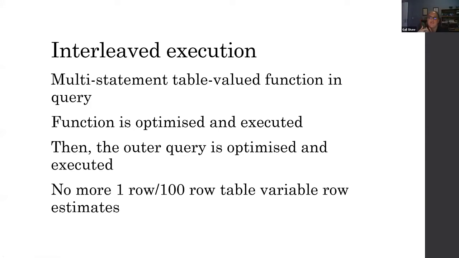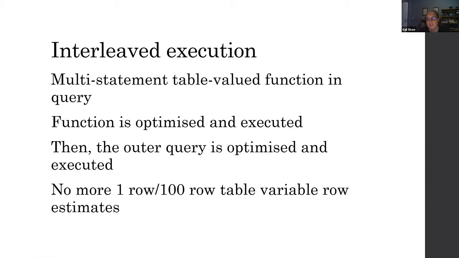Multi-statement table-valued functions are a problem, or were a problem, because we couldn't get an accurate row estimation of them. So that was where the estimate of 100 rows came from. We estimate 100 rows because how many rows? Absolutely no way to tell. None whatsoever.